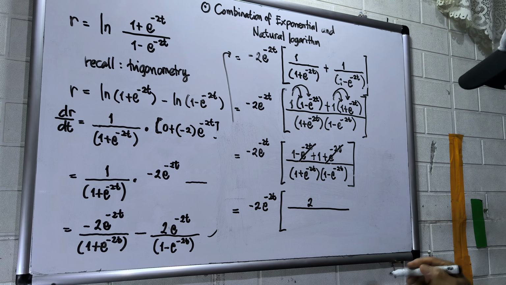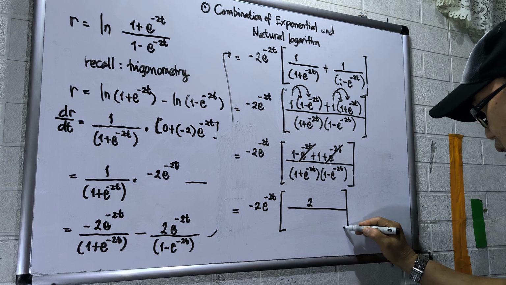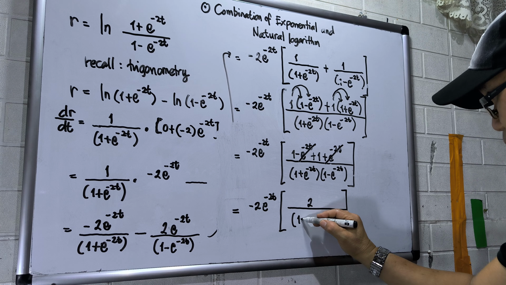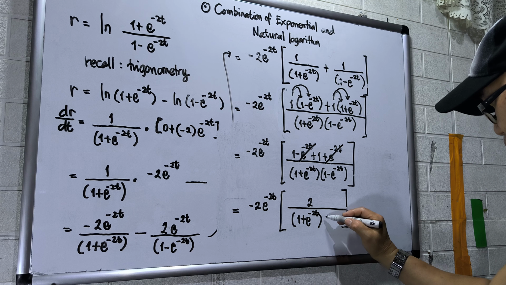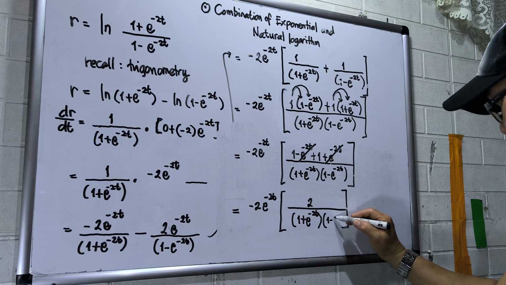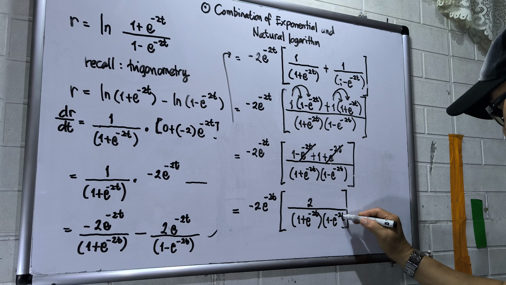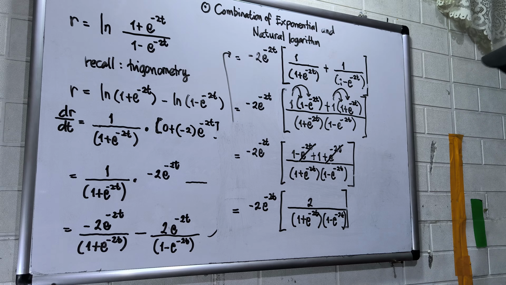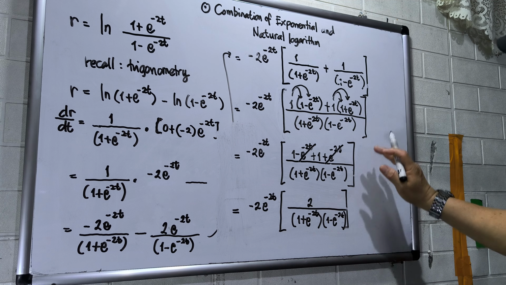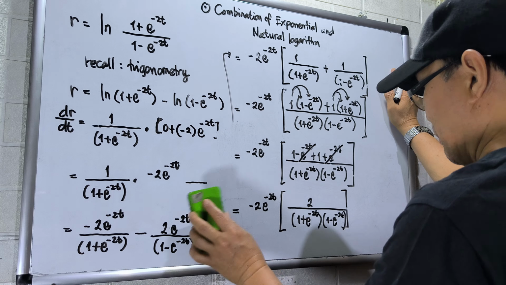So I have now 2. Then I have circle brackets 1 plus e raised to the negative 2t times circle brackets 1 minus e raised to the negative 2t. Okay? So I need to simplify for the incoming final answer.